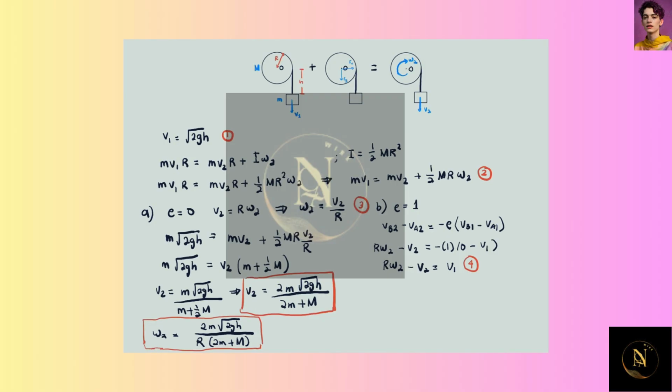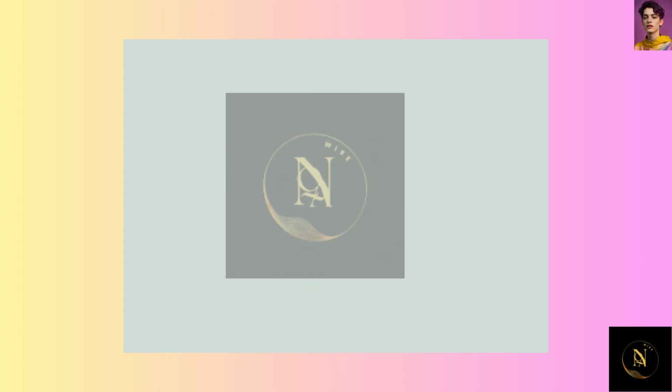So substituting equation 1 and equation 4 into equation 2, we'll have m times square root of 2gh equals m v2 plus 1/2 times the mass of the disk times square root of 2gh plus v2.